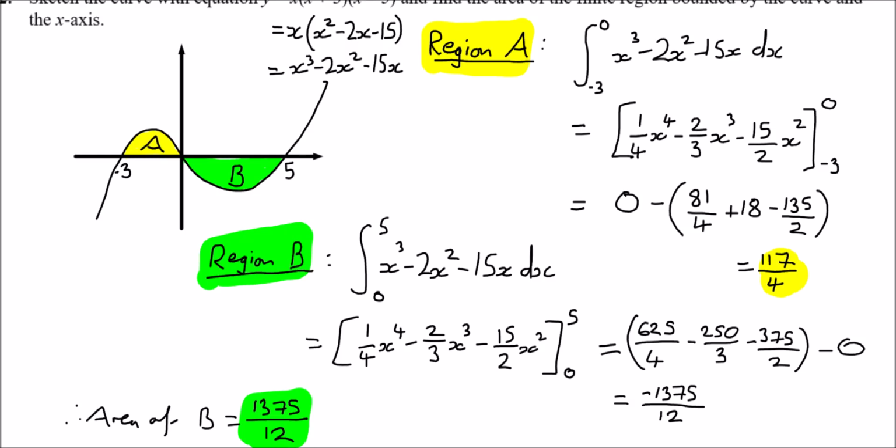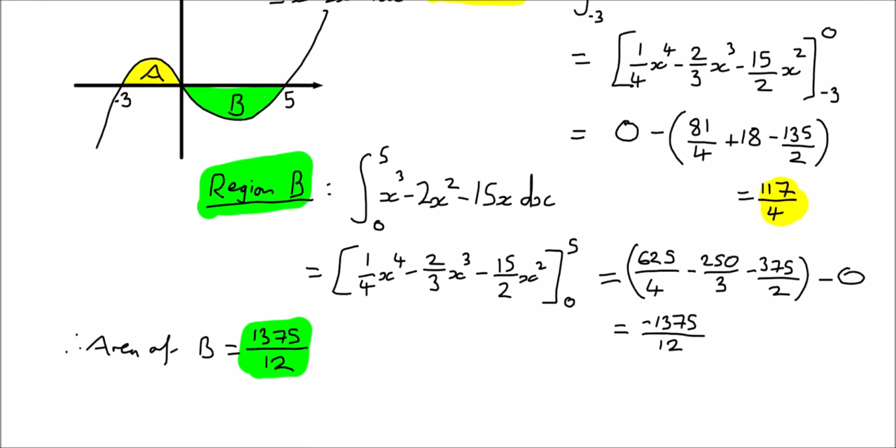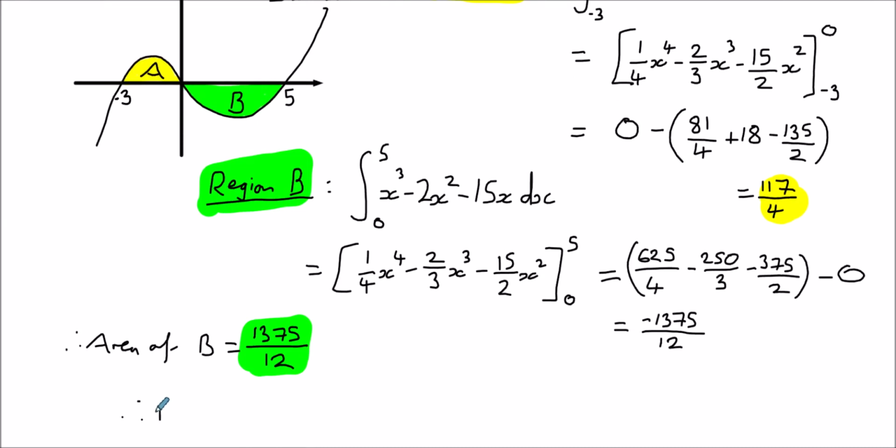Okay, now we can do the final bit and add up A plus B. So therefore, the total bounded area is region A, which is 117 over 4, plus 1375 over 12.